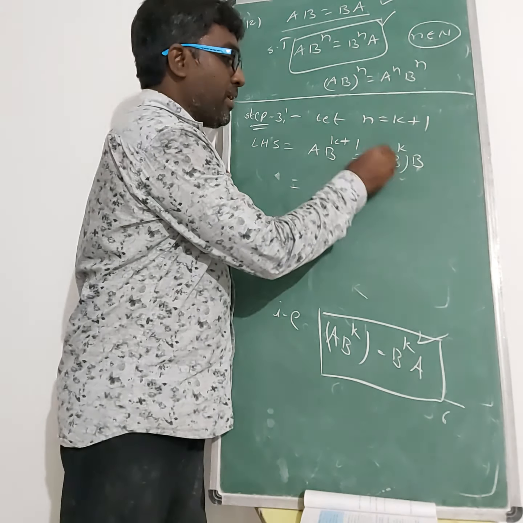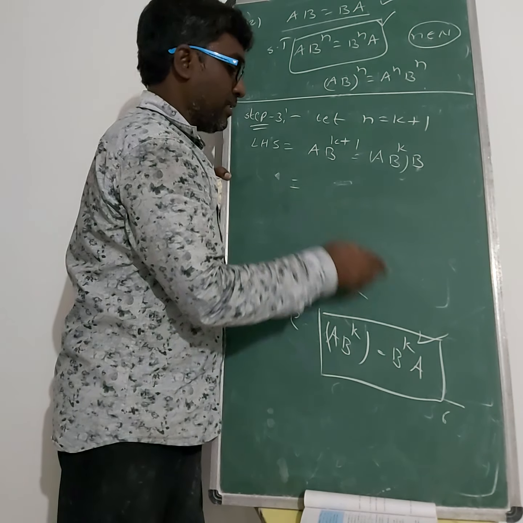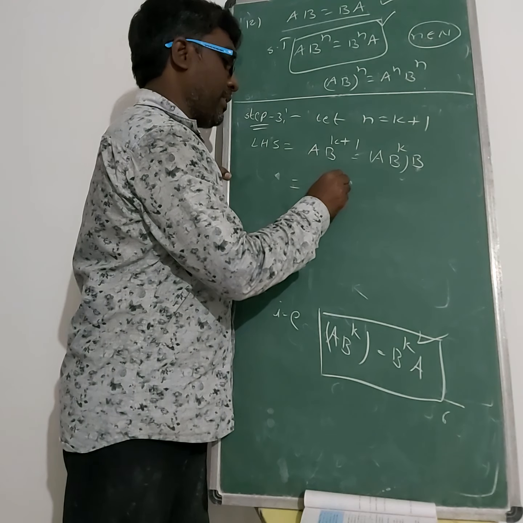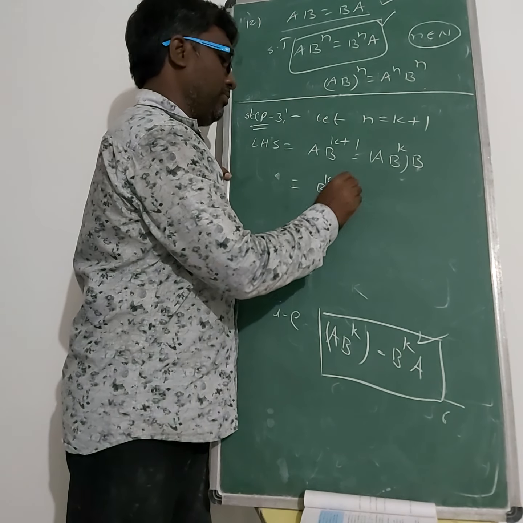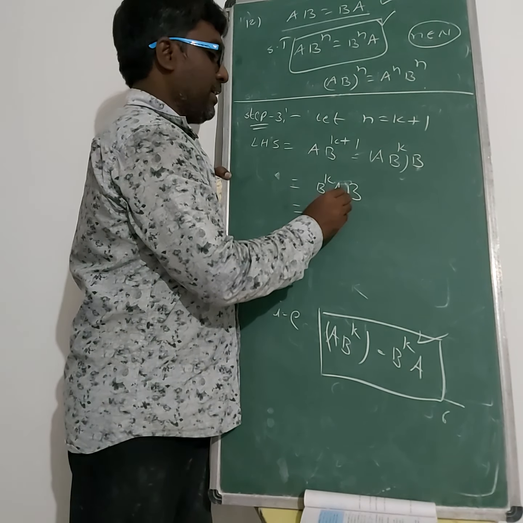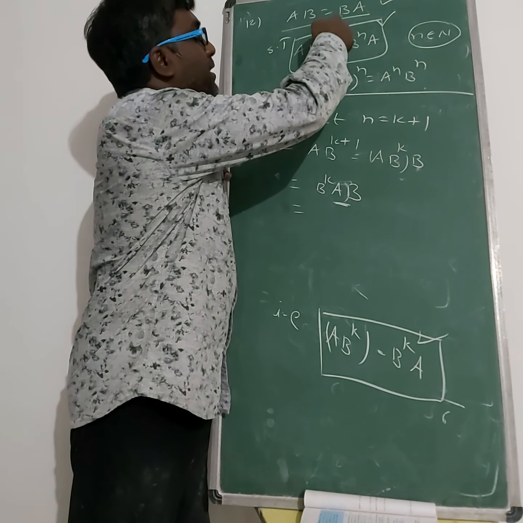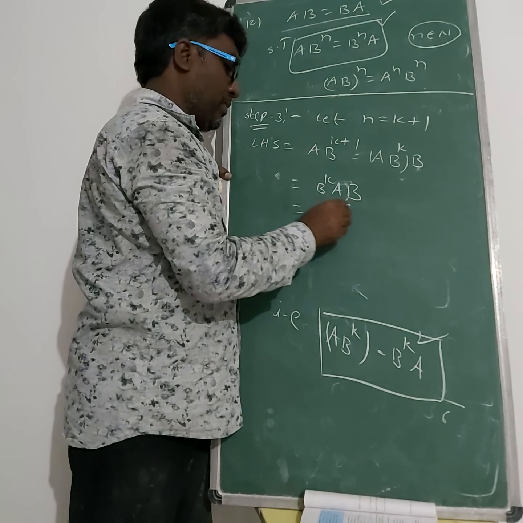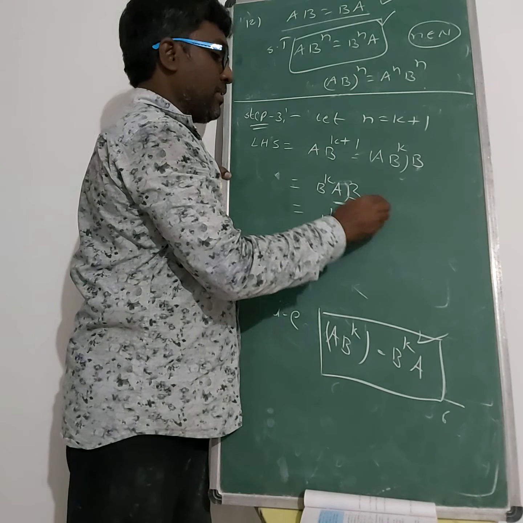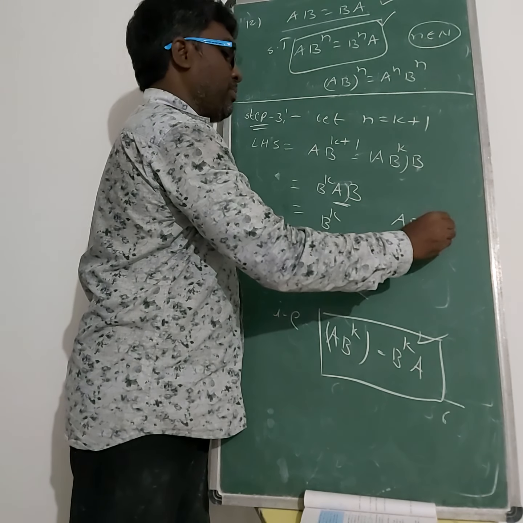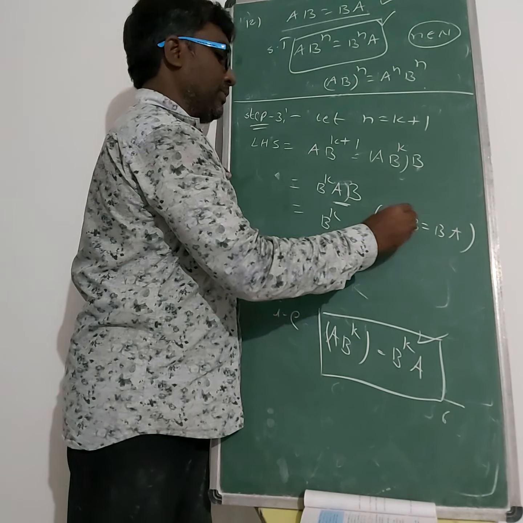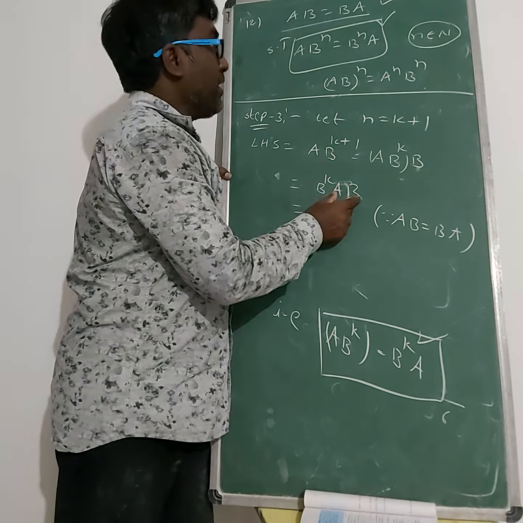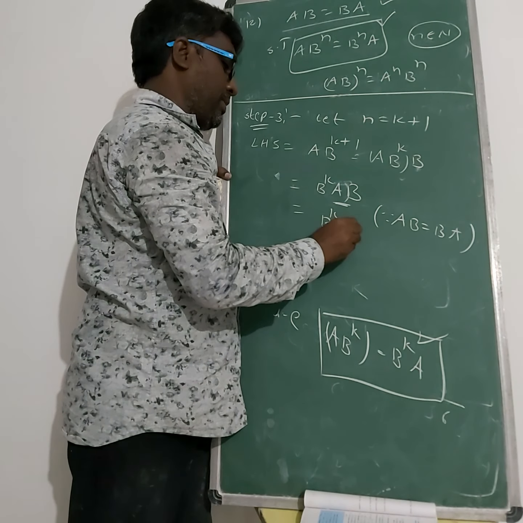So in place of this I am replacing b power k into b. Already ab value is ba they are telling. So b power k as it is I am writing. Since they are given, AB I am replacing with BA.